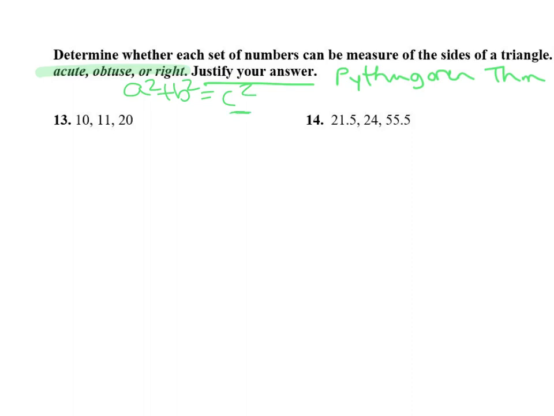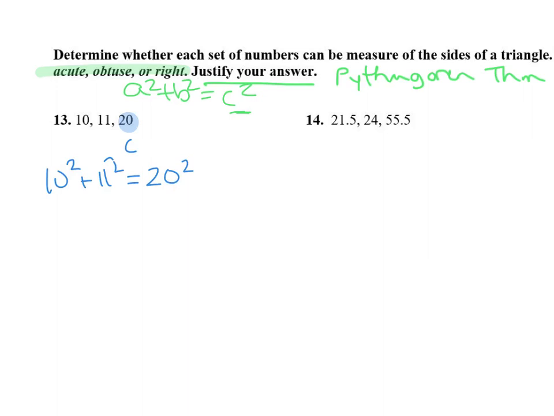C squared is our biggest number. So in this first example, my biggest number is 20, so that's going to be the C. So what I want to know is, is 10 squared plus 11 squared equal to 20 squared?